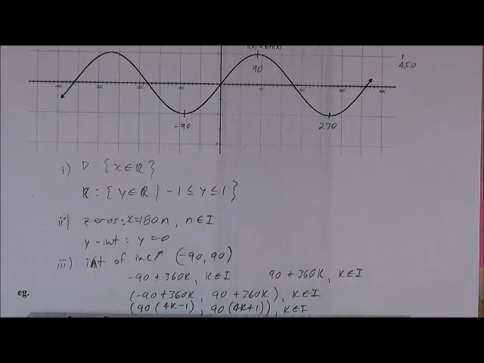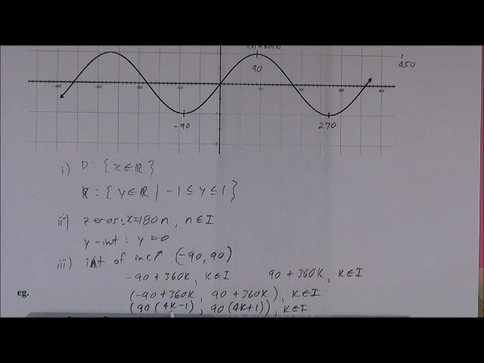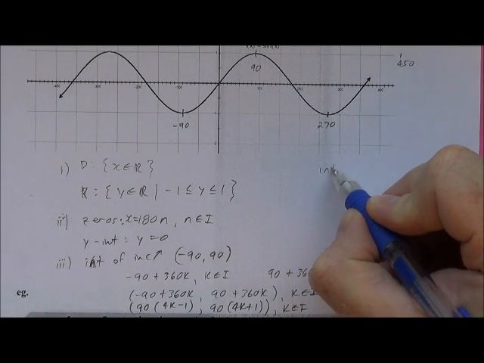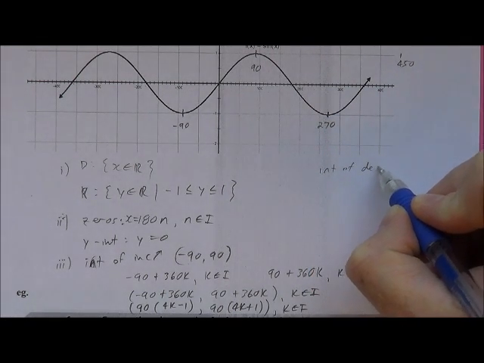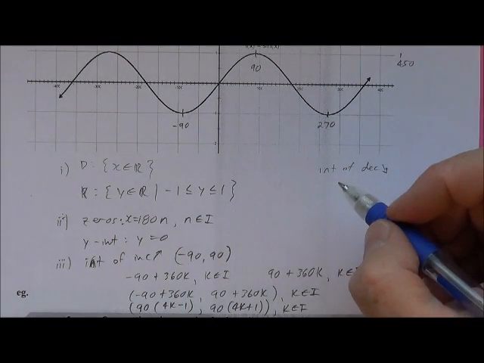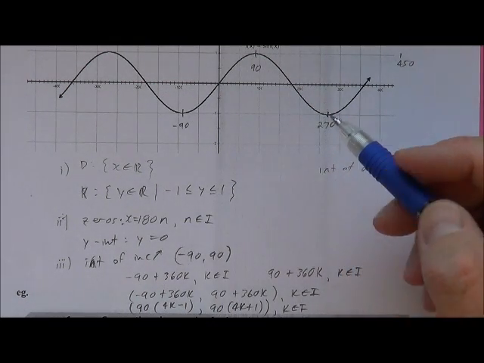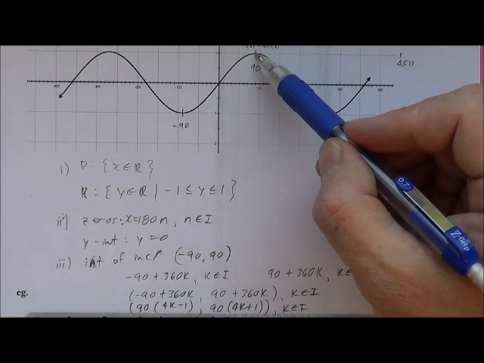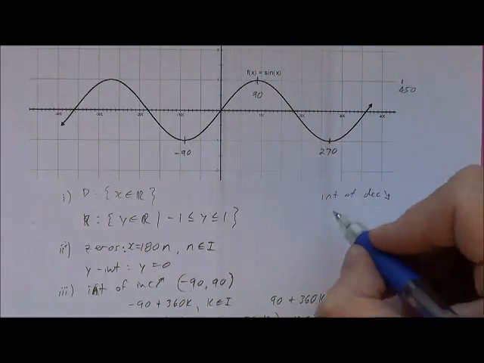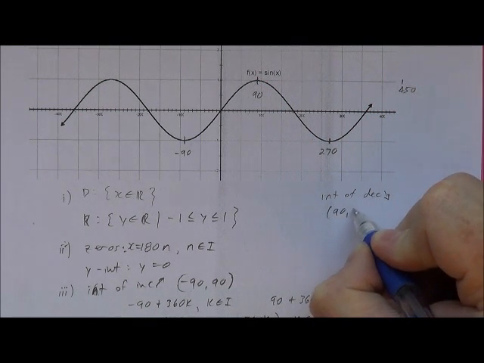Okay, so that is the interval of increase, and in a similar fashion, the interval of decrease can be done. If we take a look at this spot from 90 degrees, where it starts to decrease, down to 270, we can say it's 90 to 270.